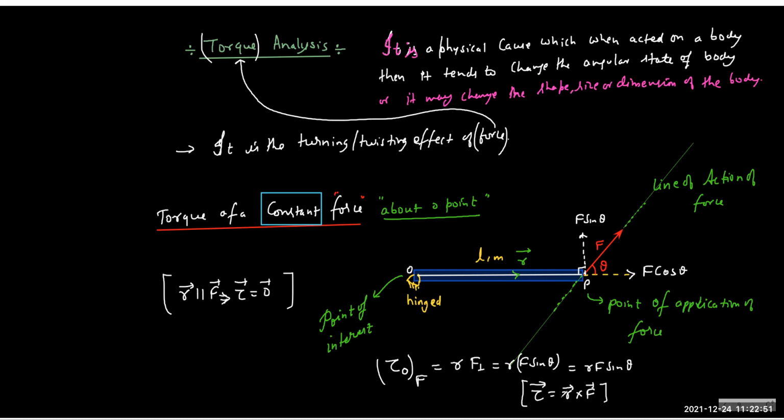So how is this rod going to turn in this particular case, clockwise or anti-clockwise? Anti-clockwise. So if you turn anti-clockwise and use the right hand thumb rule, turn your fingers towards the anti-clockwise sense.